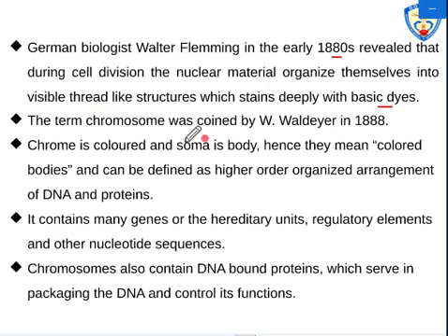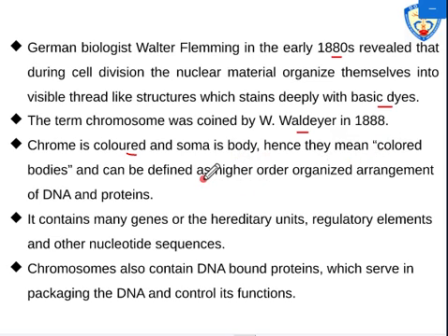The term chromosome was coined by Waldeyer in 1888, and Waldeyer was a German anatomist. He named them chromosomes because these bodies could be stained, they could be colored. Chromosome comes from two terms, chrome, which means colored, and soma, which means body. So literally it means colored bodies.